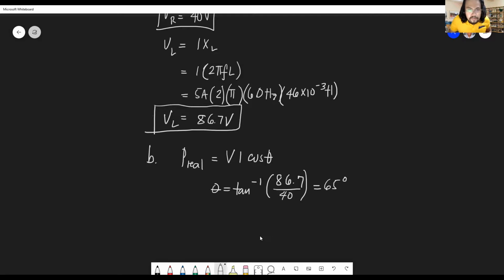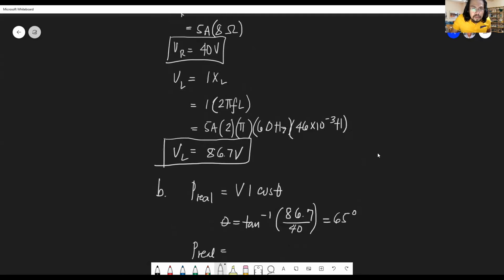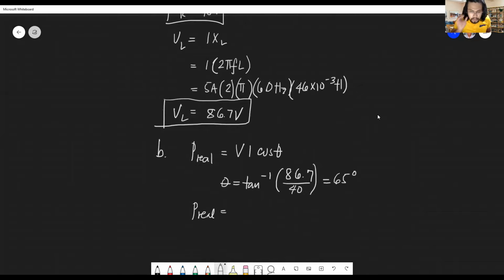Right, so we can now solve for the P real. V is actually 100 volts times 5 amperes times cosine of 65 degrees.